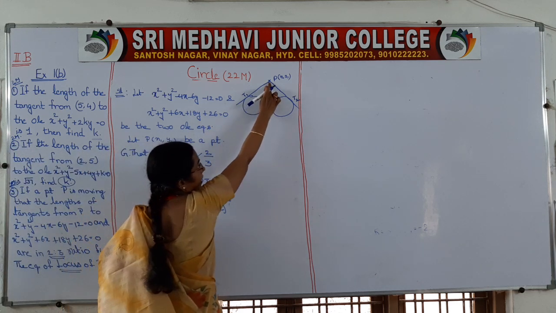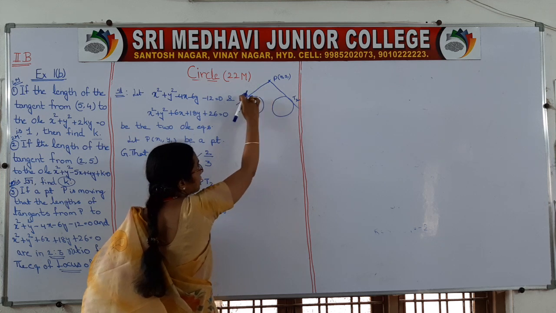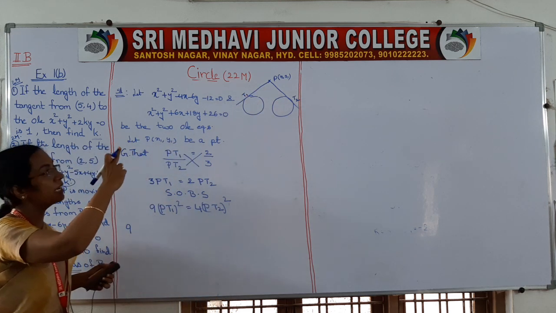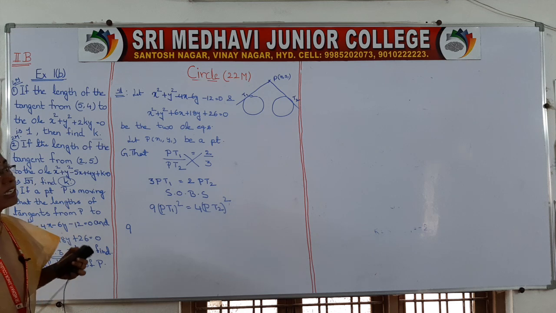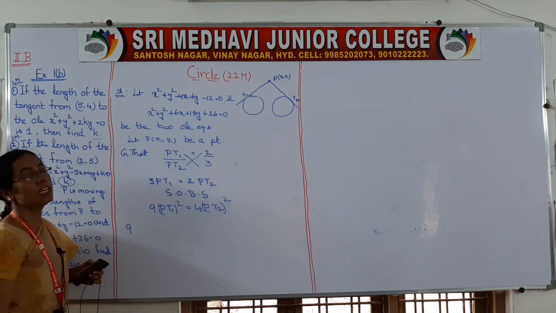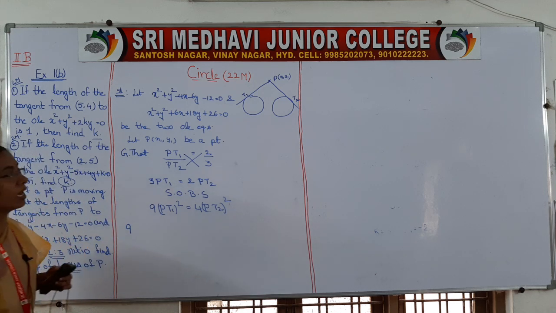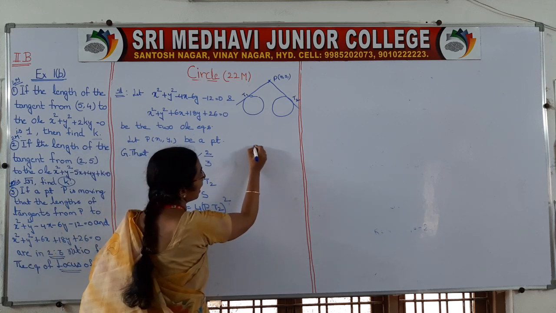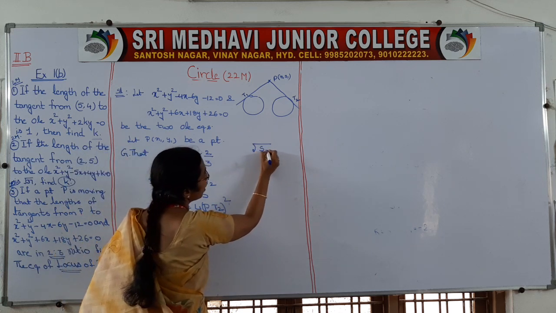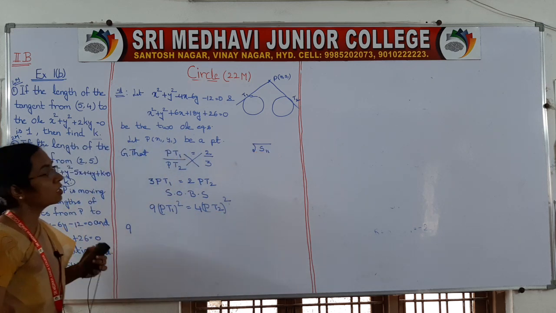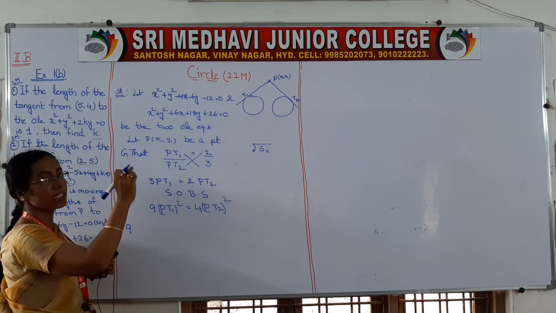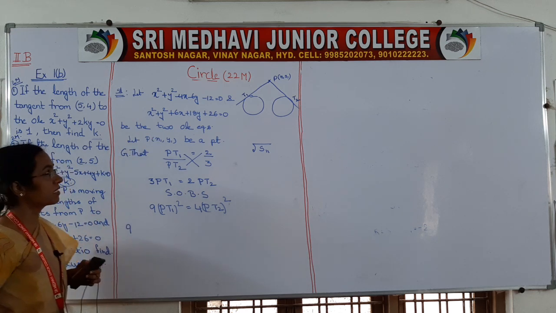PT1 is nothing but the length of the tangent from P to the first circle. So how will we take it? You know the length of the tangent formula is root S11. So it is root S11 for the first circle.